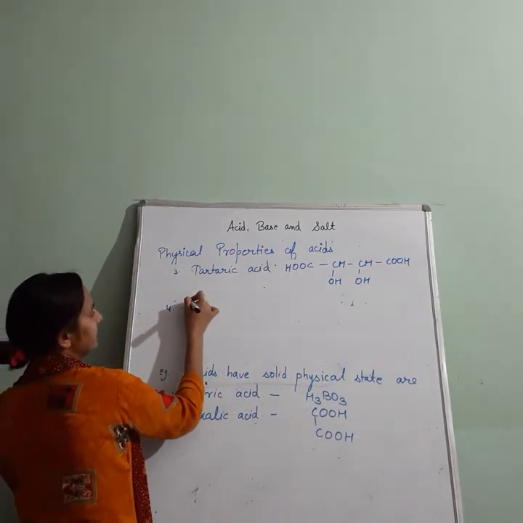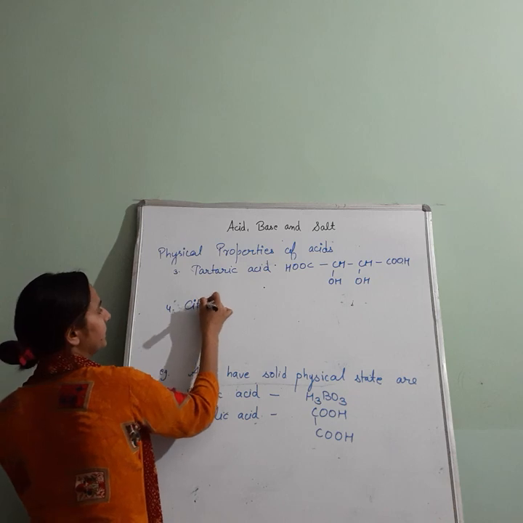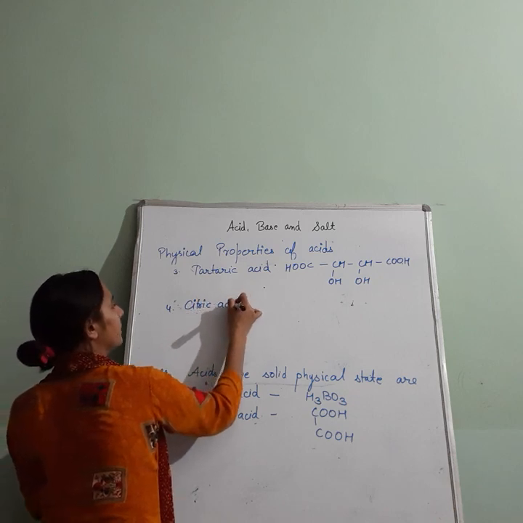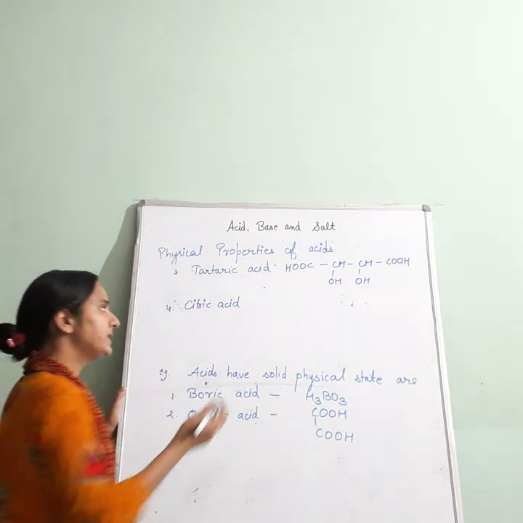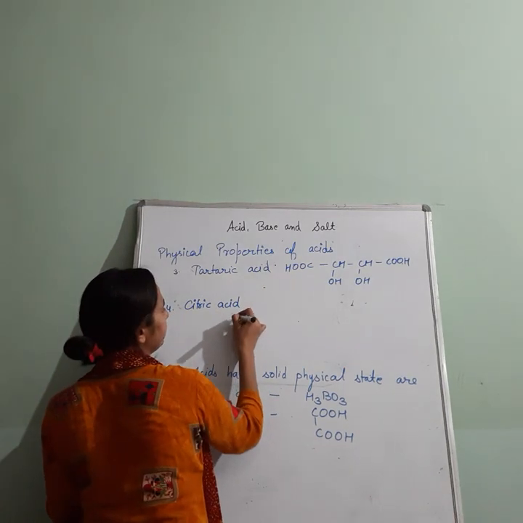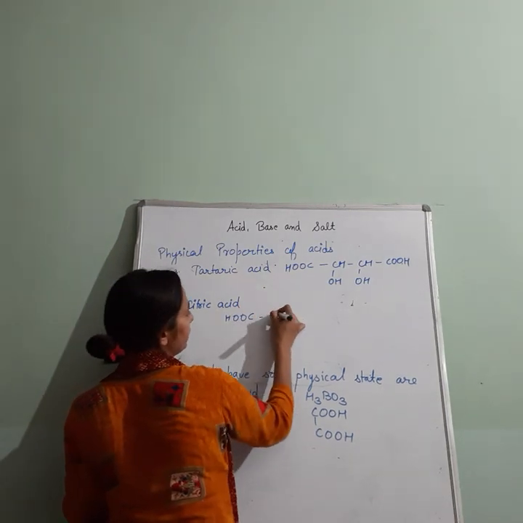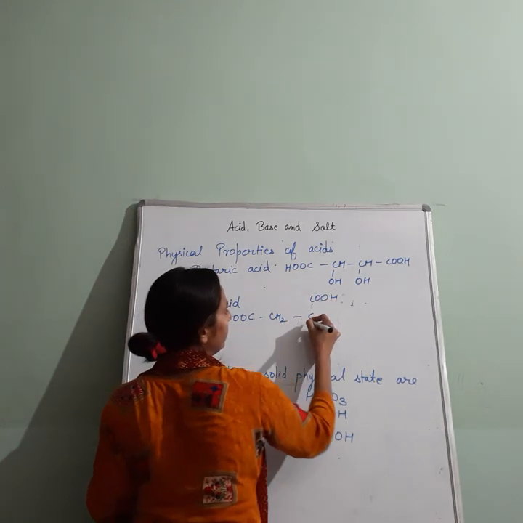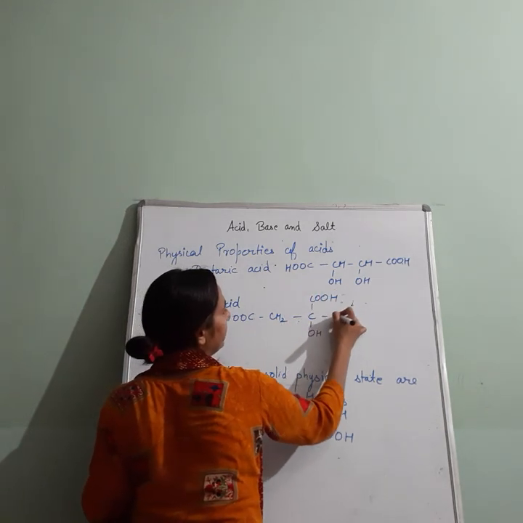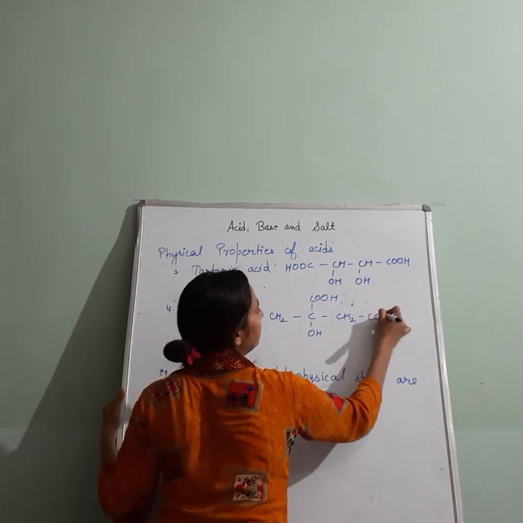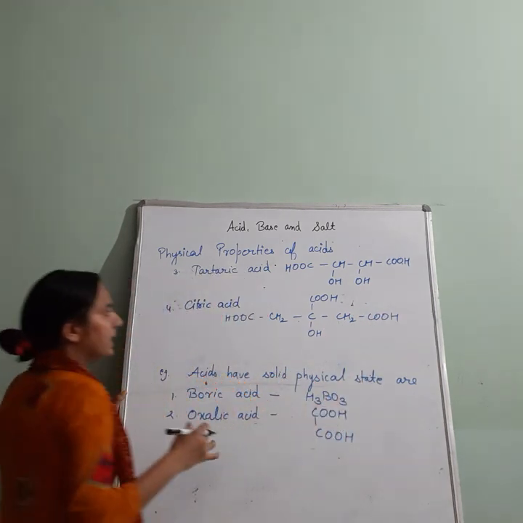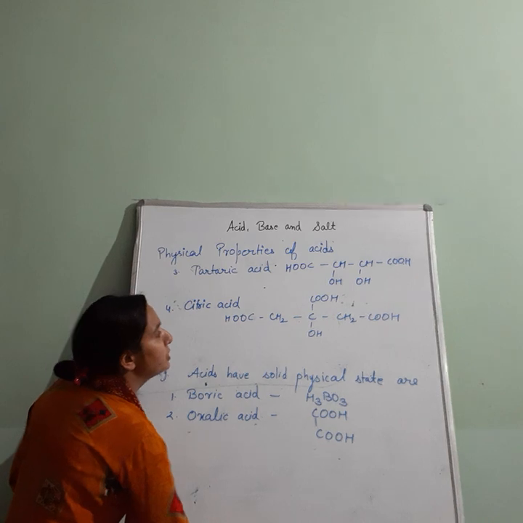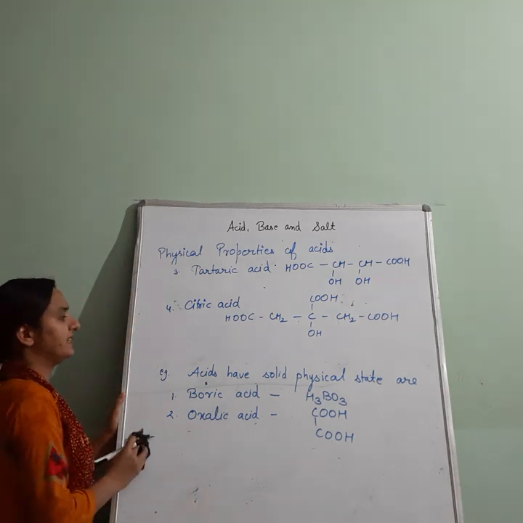The fourth one is citric acid, which is present in citrus fruits. The formula is COOH, CH2, C, COOH, OH, CH2 and COOH. These are some examples of acids which are solid.